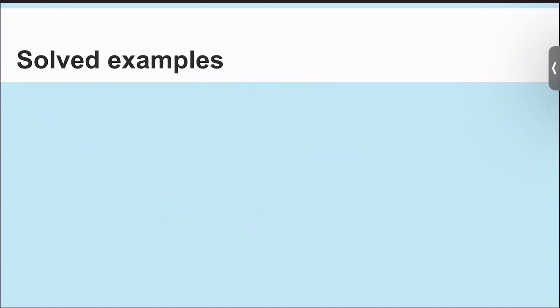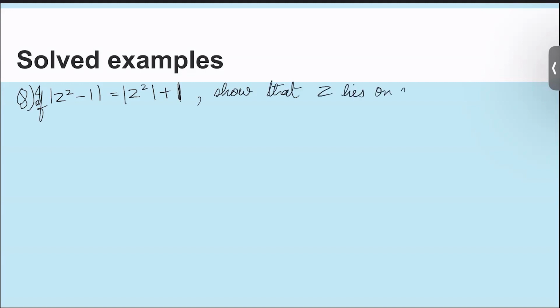Let's see another example now. Okay, so if you have z squared minus 1 is equal to modulus of z squared plus 1, show that z lies on the imaginary axis.